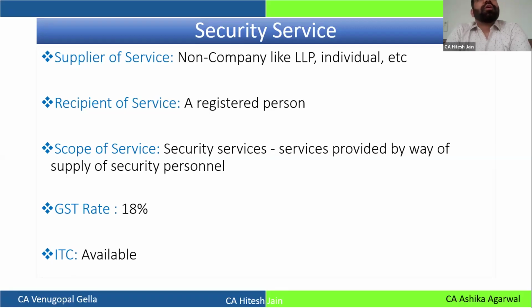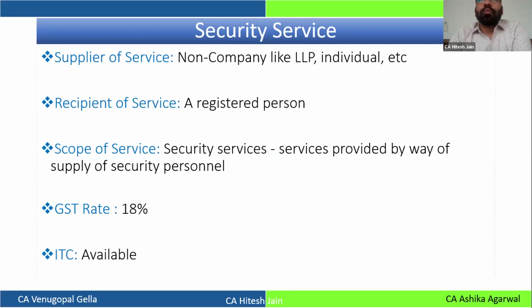What is the scope of the service? It is just limited to the supply of human security personnel. Security services doesn't mean that if somebody purchases CCTV, or somebody is providing dogs as security to army officials or to some other people, those kinds of security services are not under the purview of RCM.